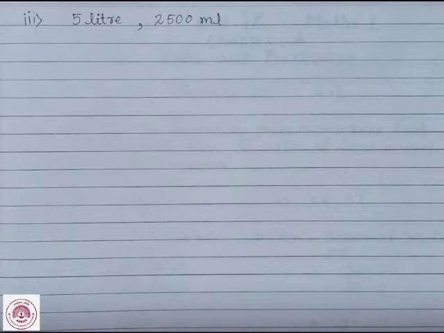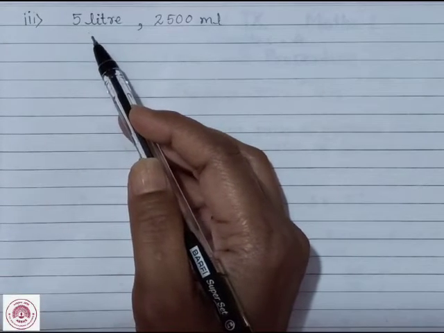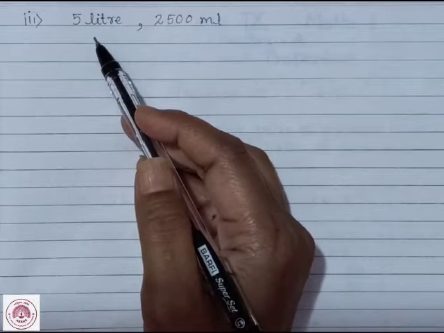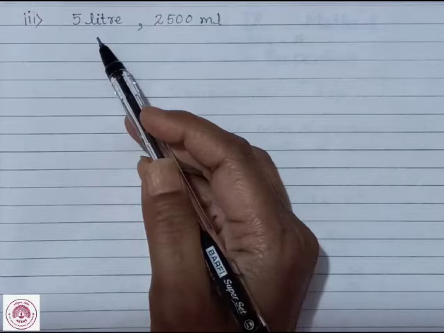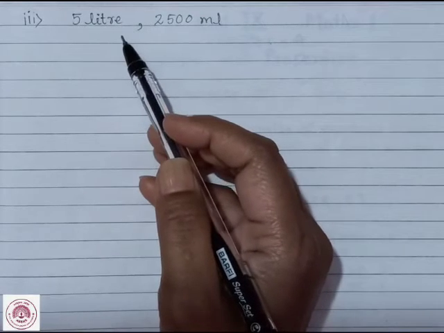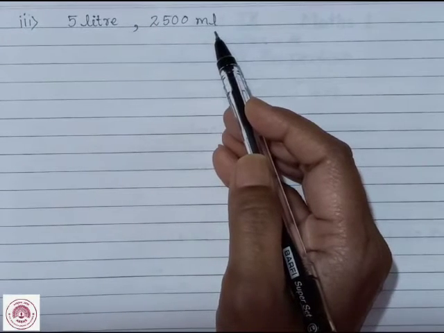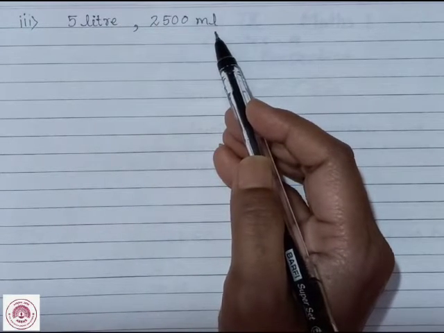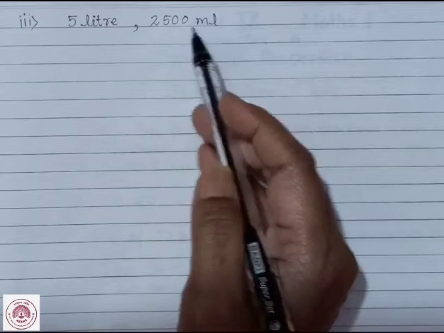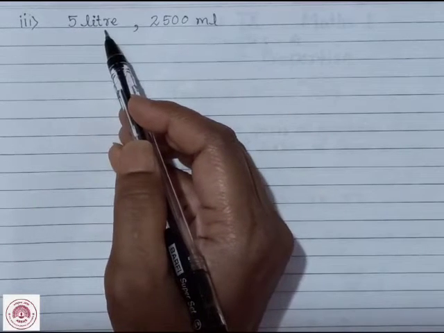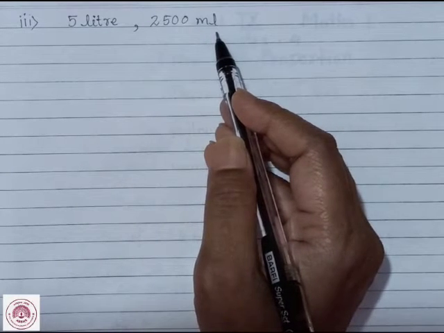Now let's solve question number 3. So here we have to find the reduced form of the ratio of 5 liter to 2500 milliliter. So as we know, the quantities should be expressed in same unit, but here the first quantity is expressed in liter, whereas the second one is expressed in milliliter.